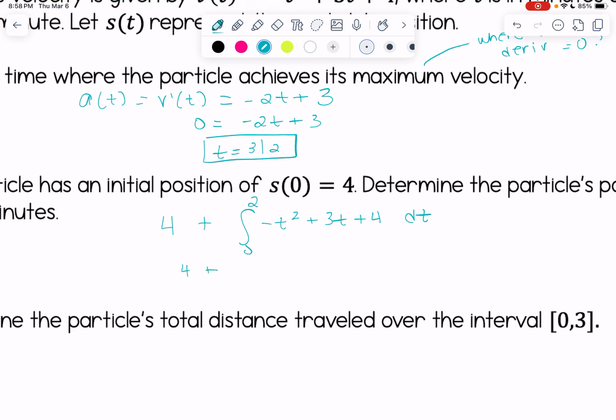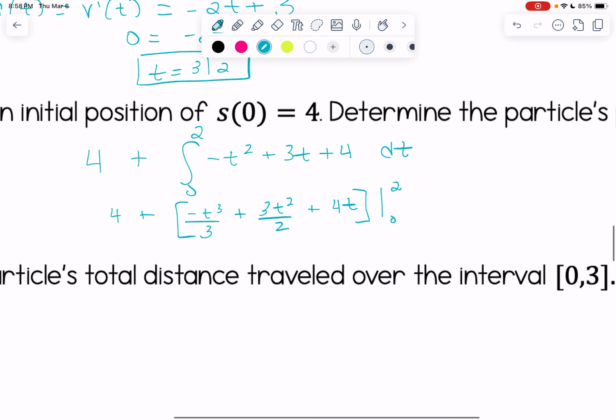So I'm going to find the antiderivative of that expression there. So I'm going to have -t cubed over 3 plus 3t squared over 2 plus 4t. And I'm going to take that new expression, basically the antiderivative, and evaluate from 0 to 2.